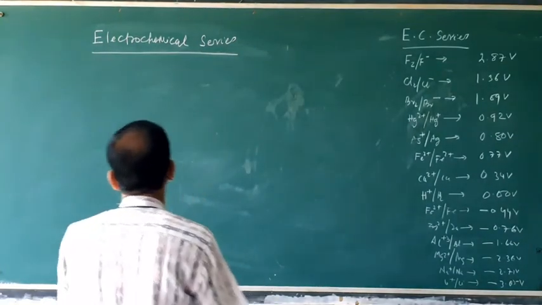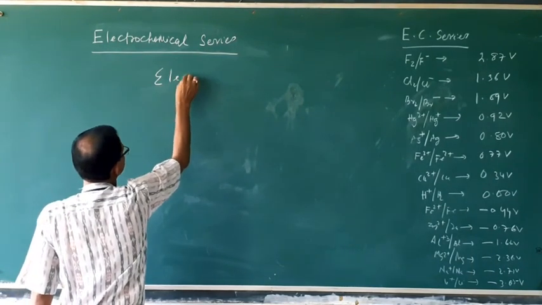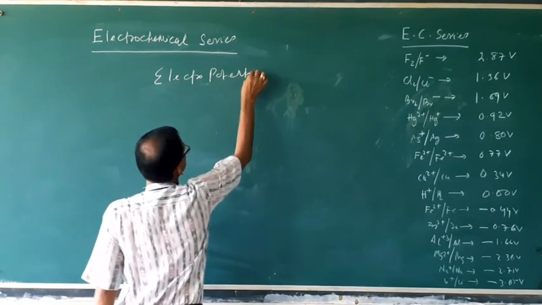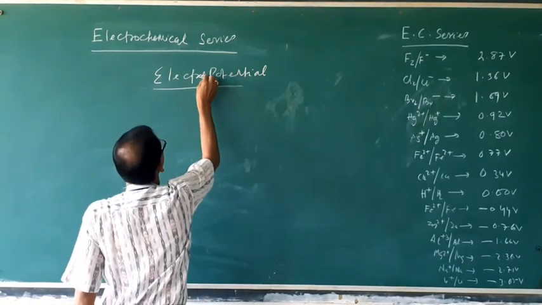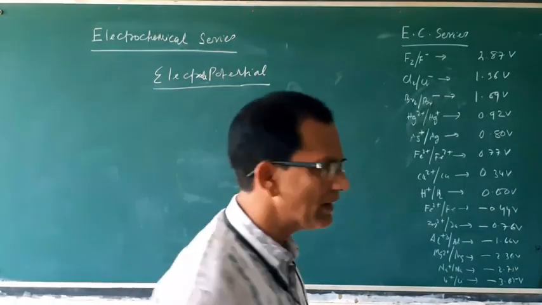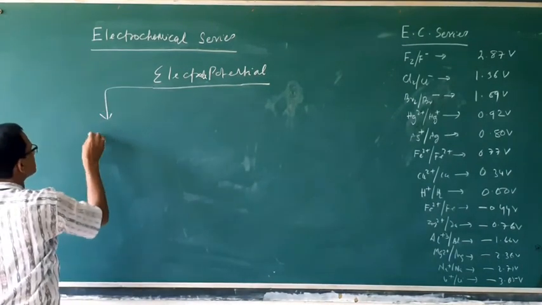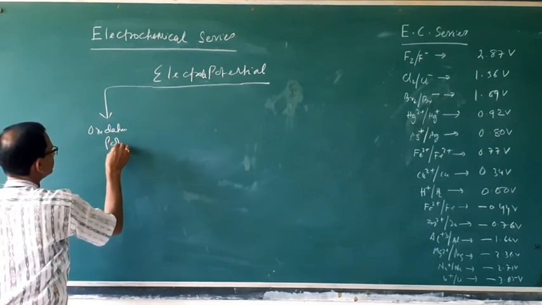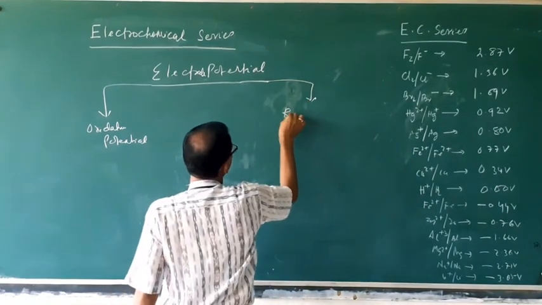Already you know that the electrode potential of the elements is generally of two types. One is oxidation potential, another one is reduction potential.